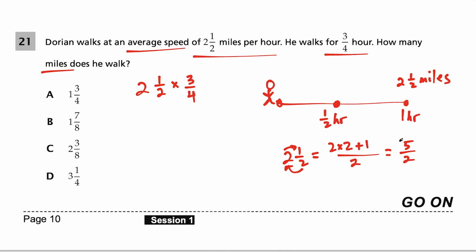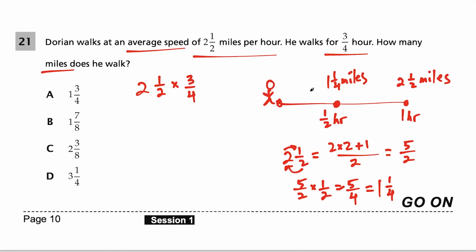Okay, so I get 5 over 2 is the improper fraction form of this. But if I multiply by a half, this gives us 5/4. And if I do the division here, 5 divided by 4 is 1 with the remainder of 1. So I get 1 1/4. Okay, so if you think about this, half the distance to 2.5 is 1 1/4. And that would take Dorian a half hour.